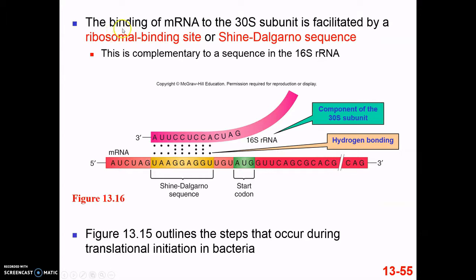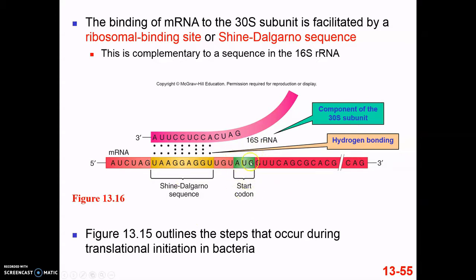All right, so this all kind of starts out because in the 30S subunit, there is a 16S piece of ribosomal RNA. It has a particular sequence in it, which is complementary to a sequence that we call the Shine-Dalgarno sequence, which is always immediately upstream of the start codon in messenger RNAs.